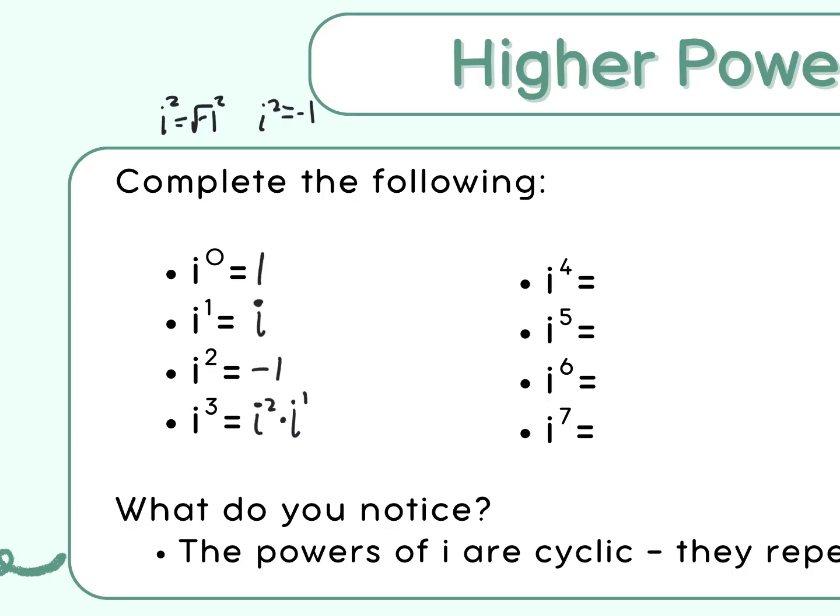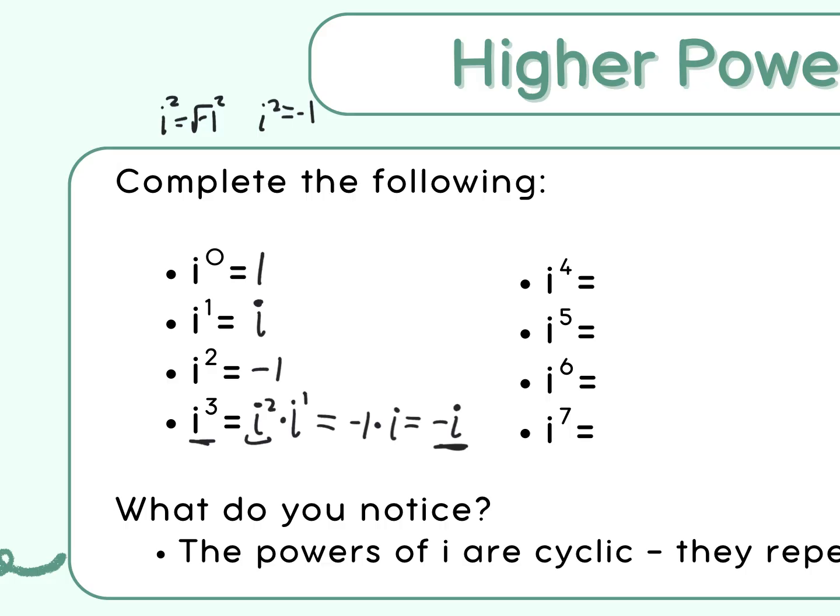Because hopefully we remember from way back that if we multiply two things with the same base, then we can add the exponents. But we already know that i squared is negative 1, and I know that i to the first is just i. So this is just negative i. So that means i to the third is negative i.